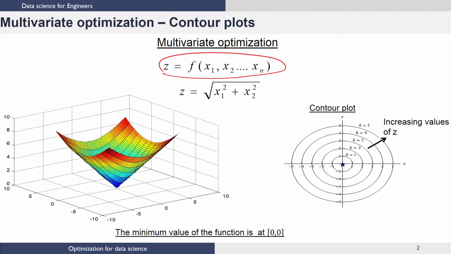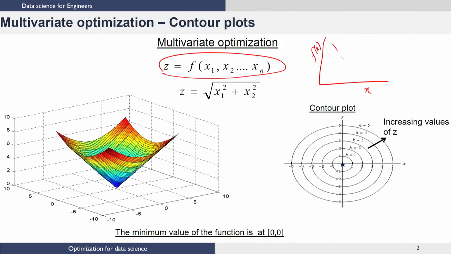A simple demonstration of this in a two dimensional case is the root of x1 squared plus x2 squared. Notice that we could explain univariate optimization using pictures in two dimensions. That is because in the x direction we had the decision variable value and in the y direction we had the value of the function.